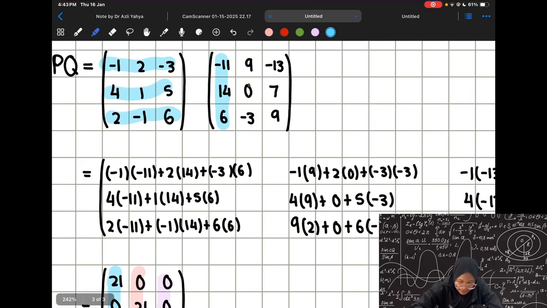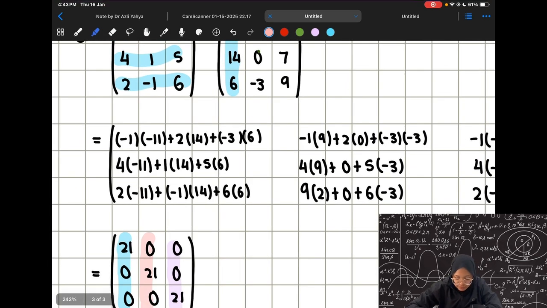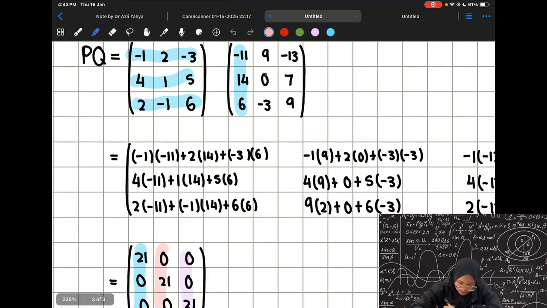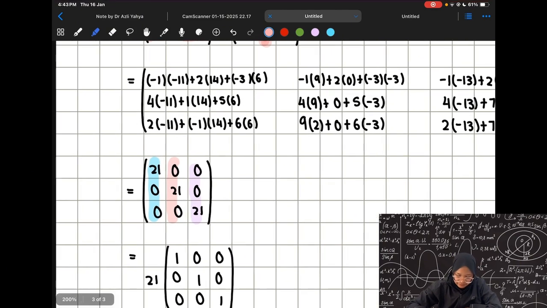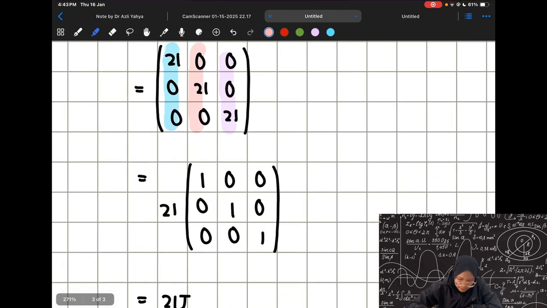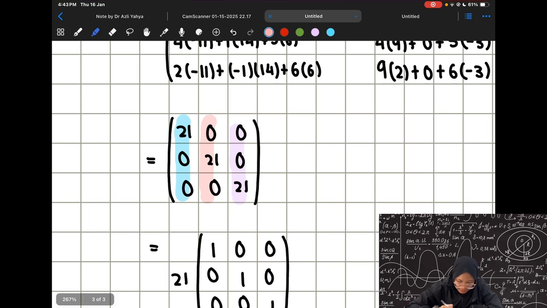So the same as the second column and the third column. So we'll get the answers like this.